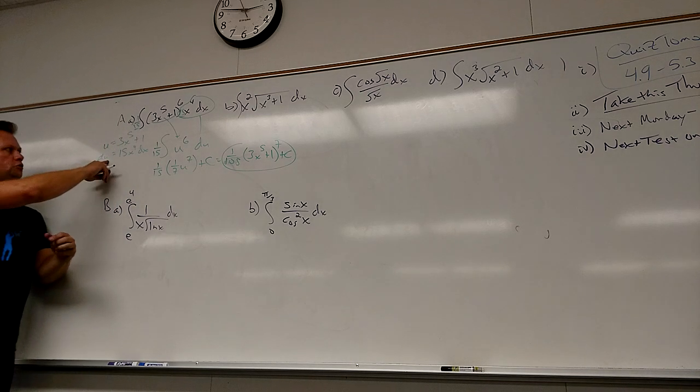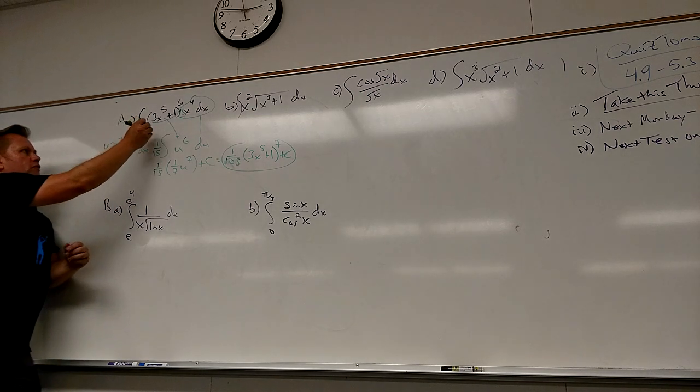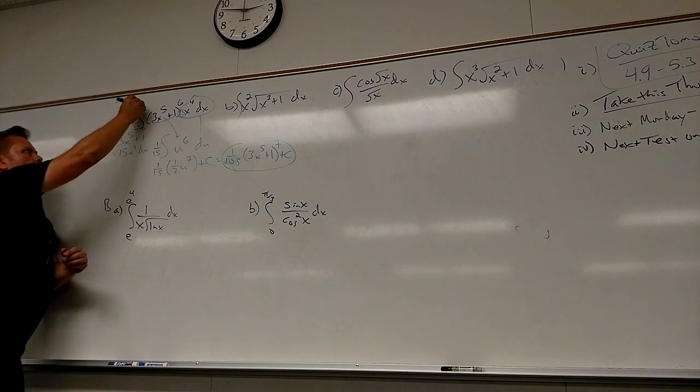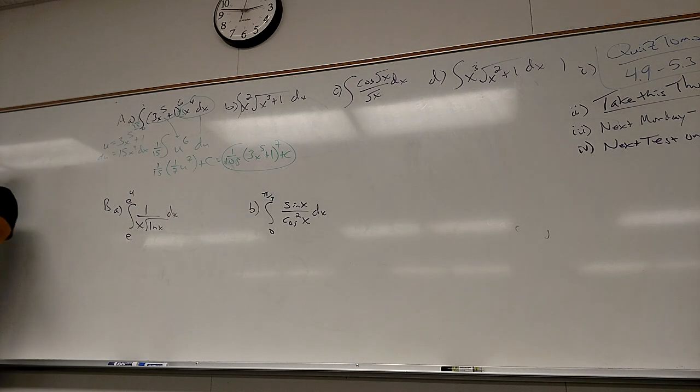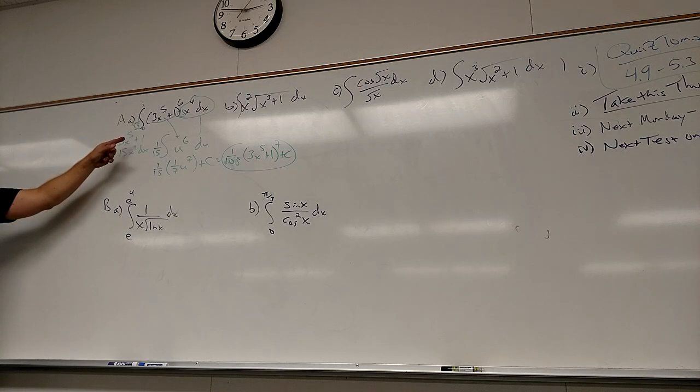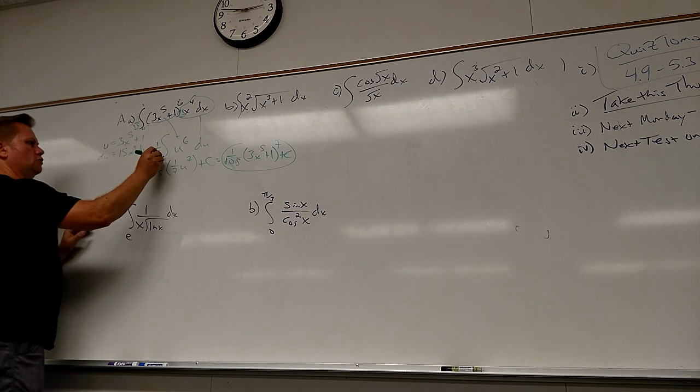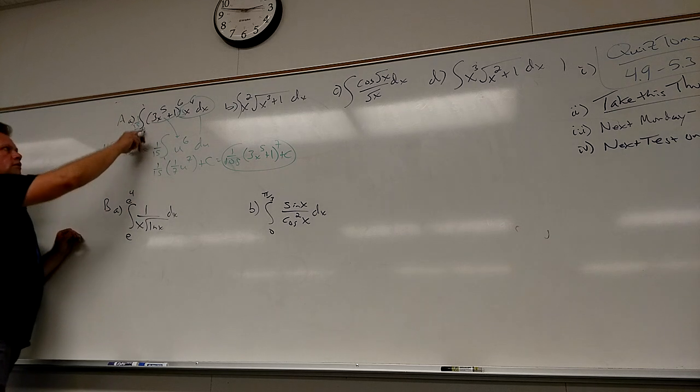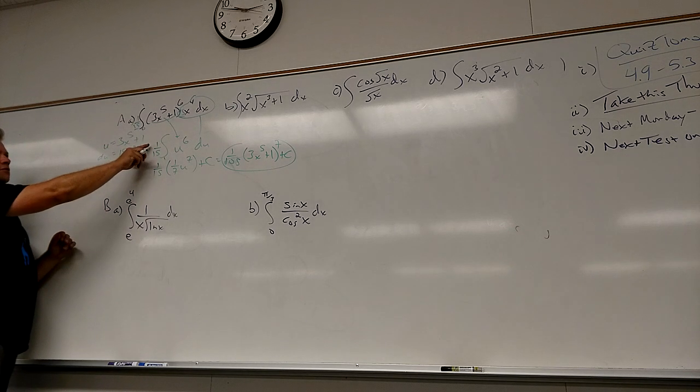The minute I go to u, if x went from like 0 to 1, let's say, I'm just going to add this in just so I can talk about it. What would u do? At 0, what's u? 1. So then on here I could say u goes from 1, and at 1, what's u? When x is 1, u is 4.